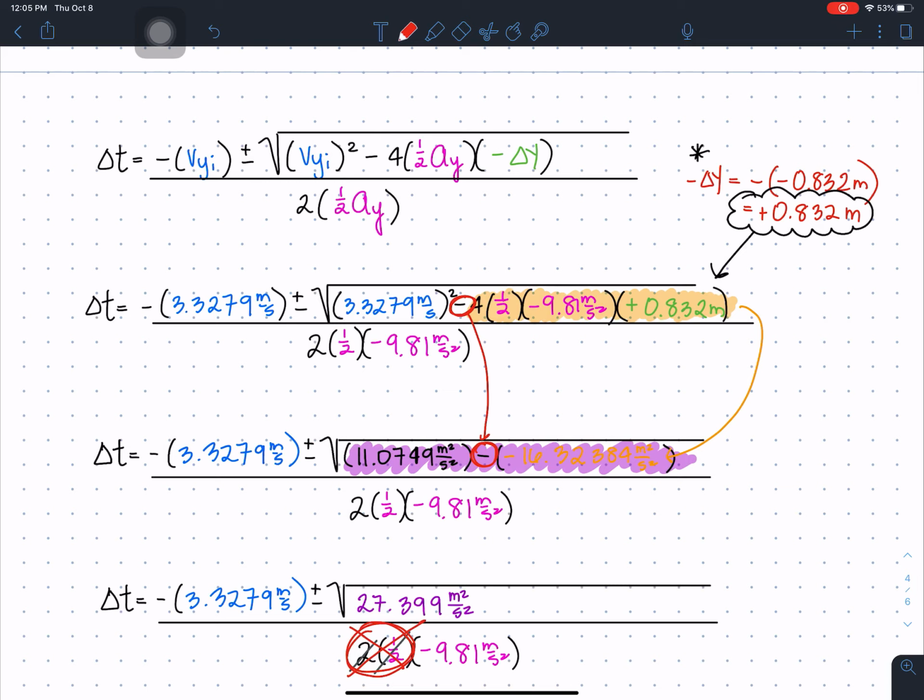Now right here, this is a hint as to what sign you need in your numerator. Delta t cannot be negative, and so if our denominator is a negative value, we are looking for an option that makes our numerator negative as well. Right, we're looking for a negative numerator because our denominator is negative, and delta t cannot be a negative value.